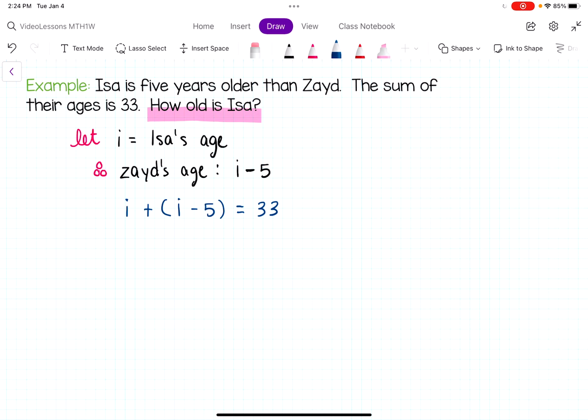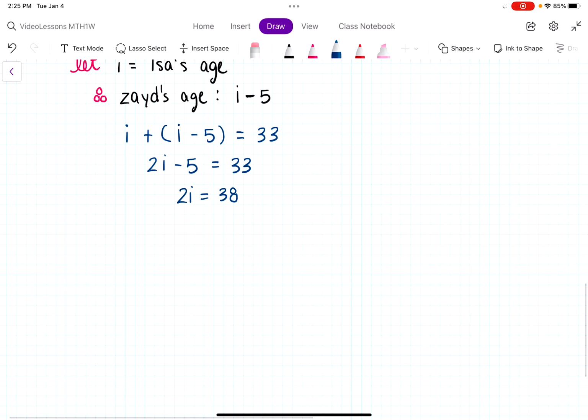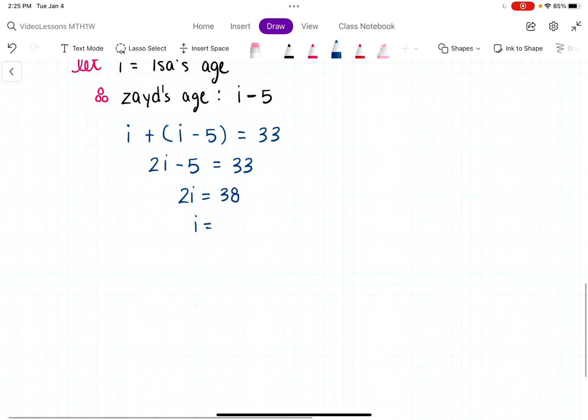So here we're going to go 2i minus 5 is equal to 33. And then remember now, because we're subtracting a 5, we need to add the 5. So that gives me 38. And we are multiplying by 2, so we must divide by 2. So i equals 19. So we have, therefore, Isa is 19 years old.